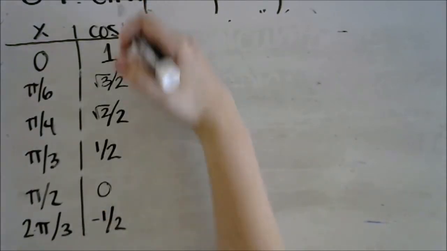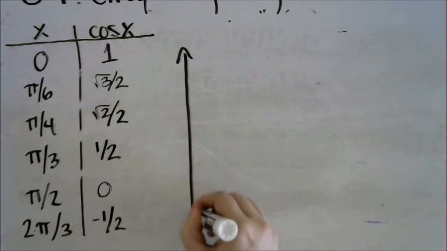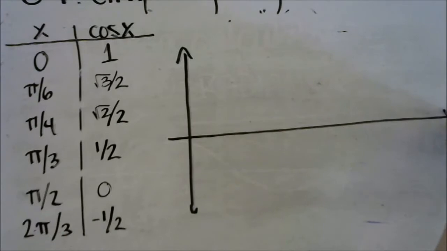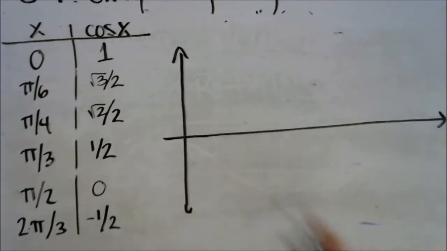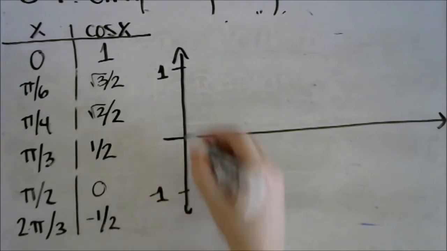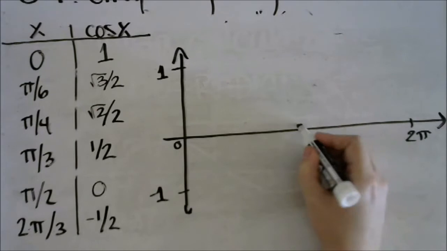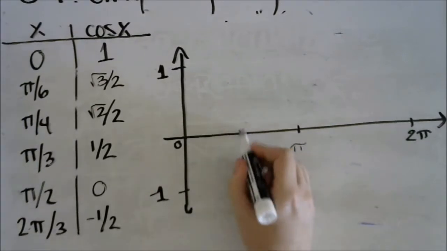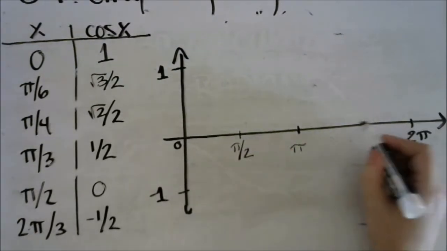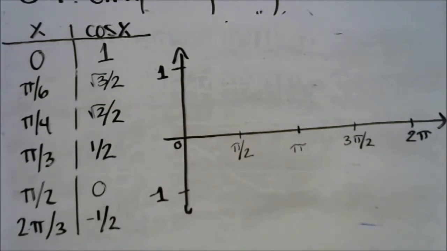Now sine didn't reach the negatives until quadrant 3, so we should see a difference between our graph of cosine and our graph of sine. Let's label from 1 to -1, from 0 to 2 pi. The halfway mark is pi, the quarter mark is pi halves, the third quarter mark is 3 pi halves.